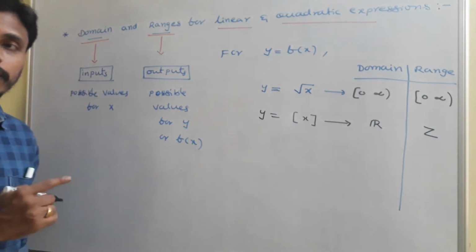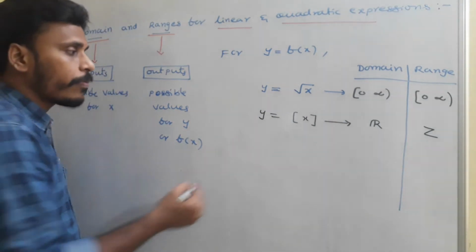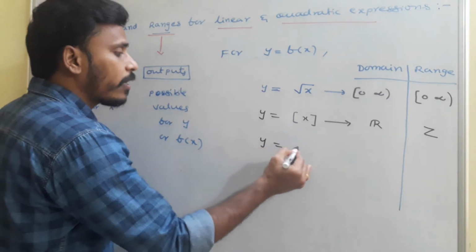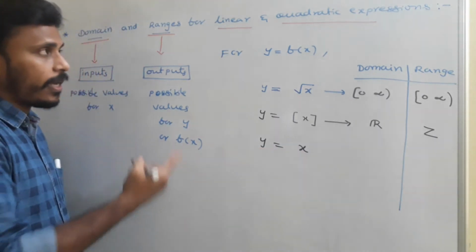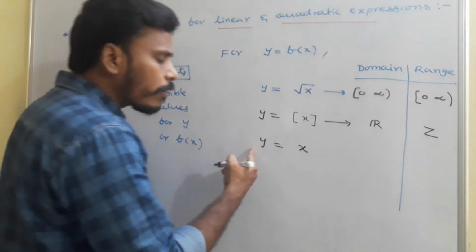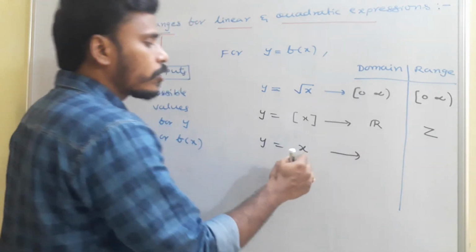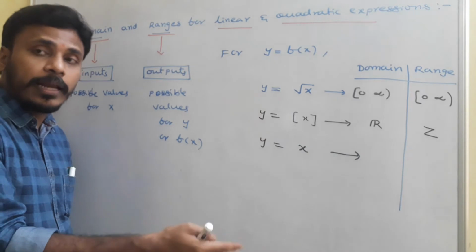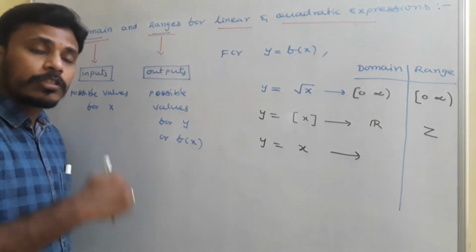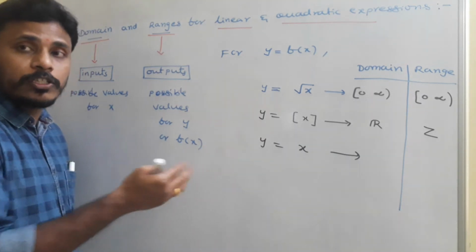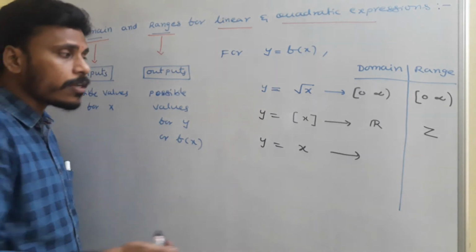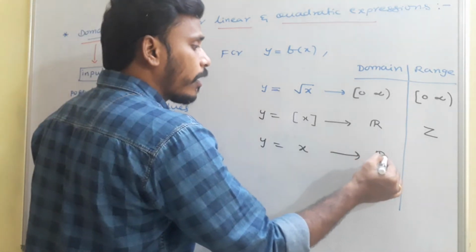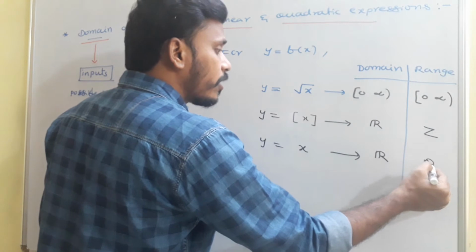So the range is just integers. Suppose we have a function like y is equal to x, which is linear. If your input is some number like alpha, your output is also that alpha, because y is equal to x is the function. So here the domain is all the real numbers, and the range is also all the real numbers.